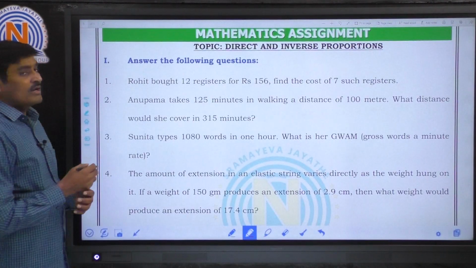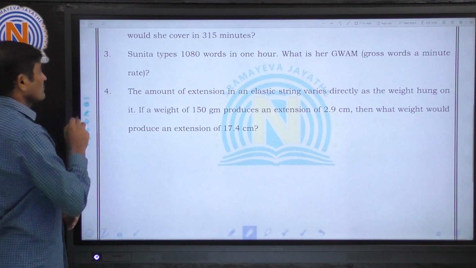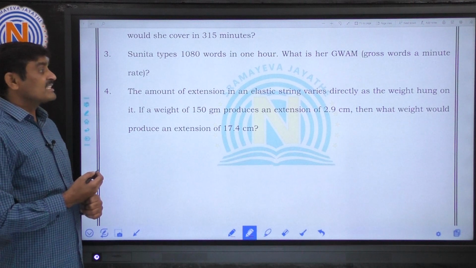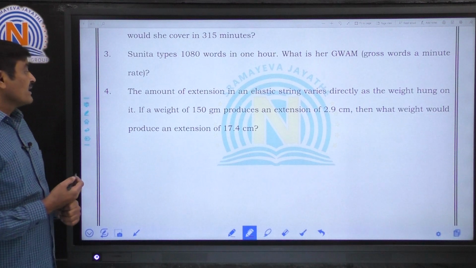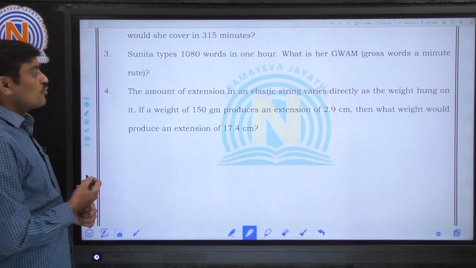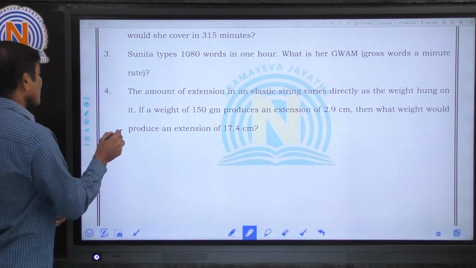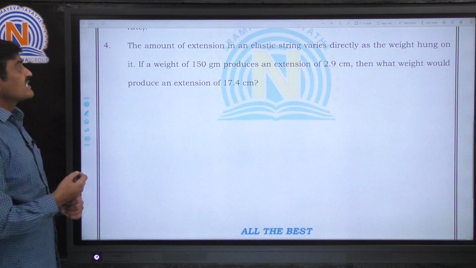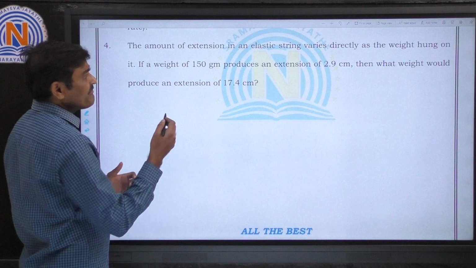Now let us move on to the fourth one. The amount of extension in an elastic string varies directly as the weight hung on it. If a weight of 150 grams produces an extension of 2.9 centimeters, then what weight would produce an extension of 17.4 centimeters?